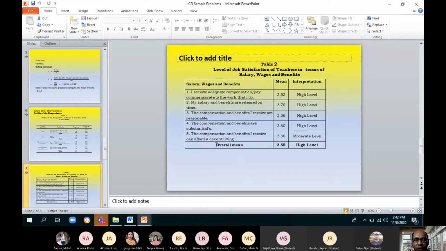And the last is what you call overall mean. Naka-bold letter ni siya. As what I have said, pwede nyo ma-resize ang mga font natin kung sa table.